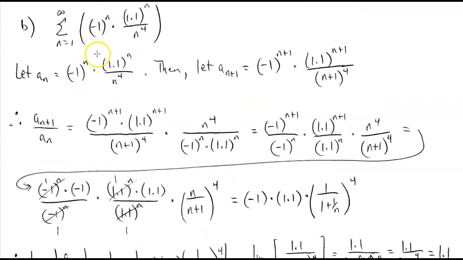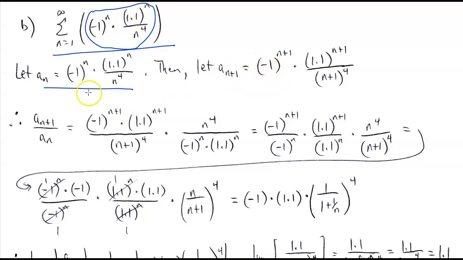So for our next example, again, we have a series that we're dealing with, and this one has an alternating series component in it, or alternating term component in it. So we let the a sub n just be what the actual sequence that makes up this series is.